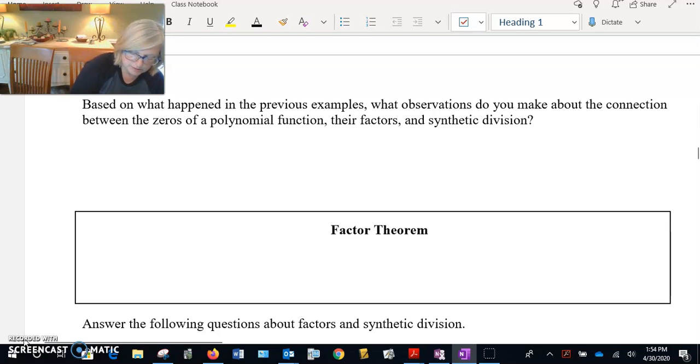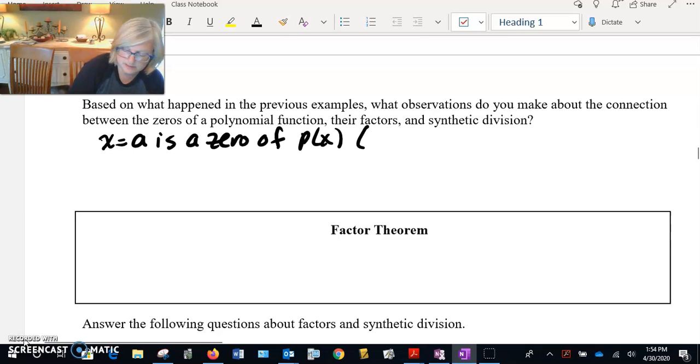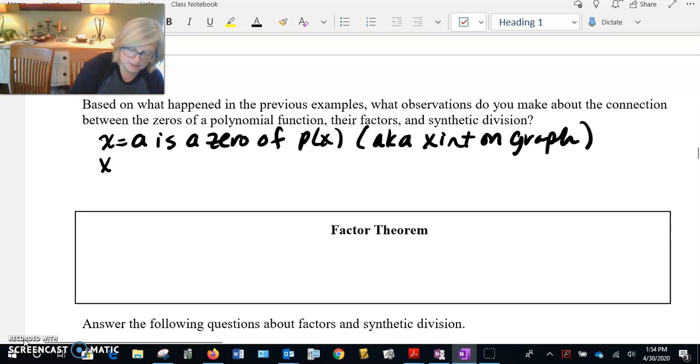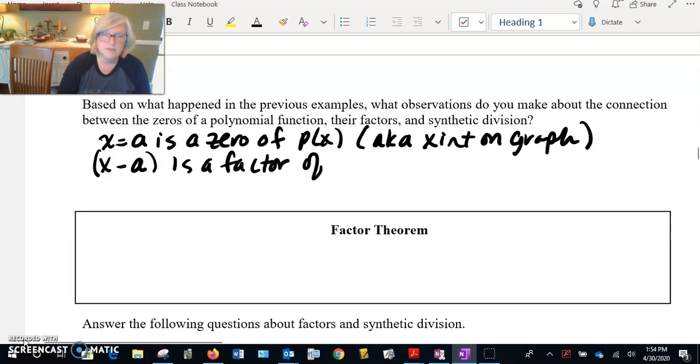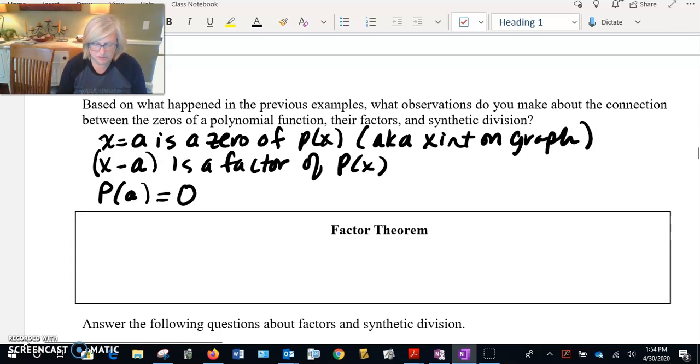So if x equal to a is a 0 of p of x, also known as an x-intercept on the graph, then we know that x minus a is a factor of p of x, that it divides into it evenly, and we know that p of a would have to equal 0, okay?